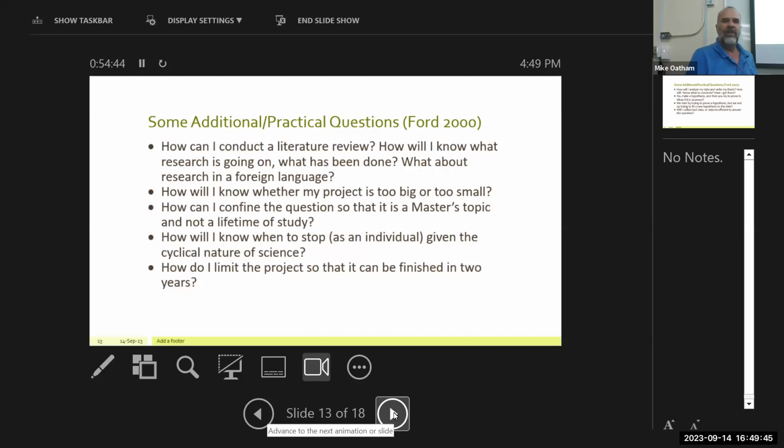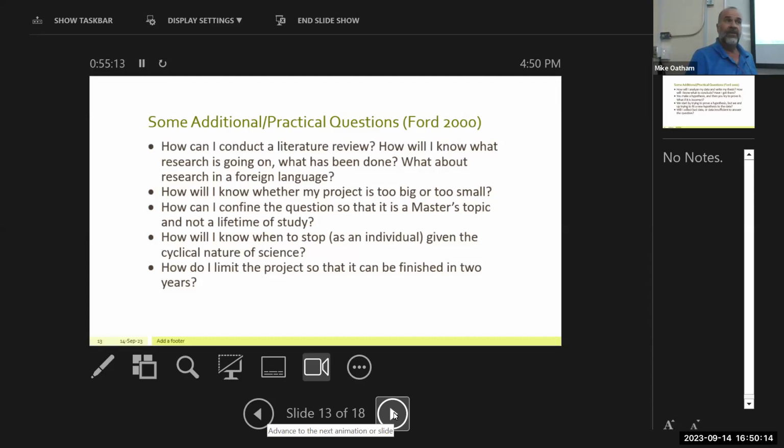How will I know whether my project is too big or too small? All right, so if the observations that you need to collect necessitate you taking more samples than you have resources for, your project is too big, basically, okay?